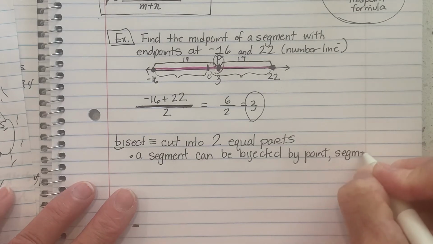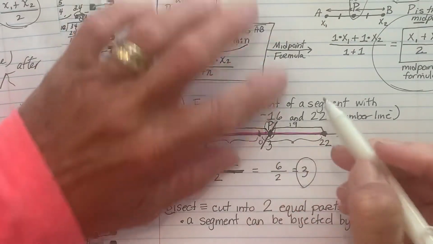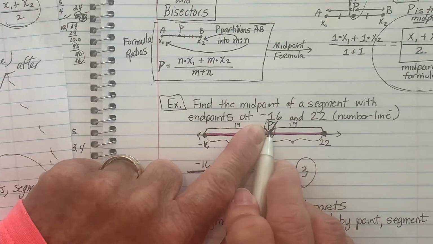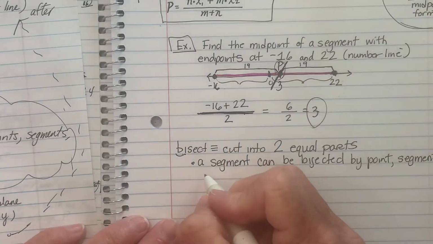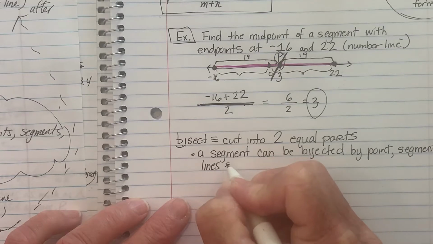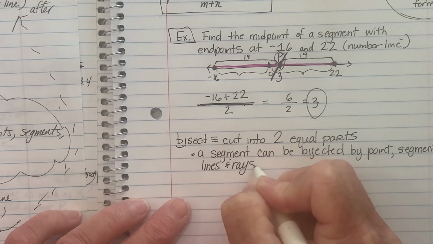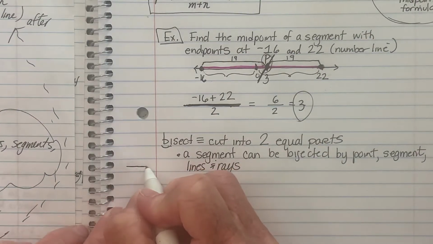It could be bisected by another segment. Suppose there was a segment that passed through that point. That segment could cut this one into 2 equal pieces. Lines and rays too. I haven't really talked about a ray yet, but an example would be something like this.